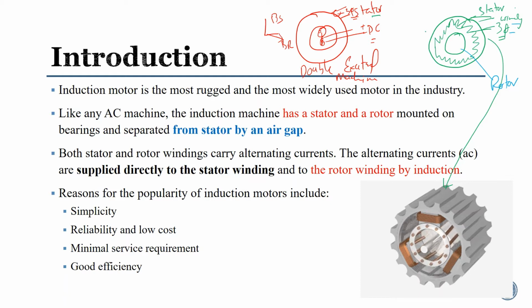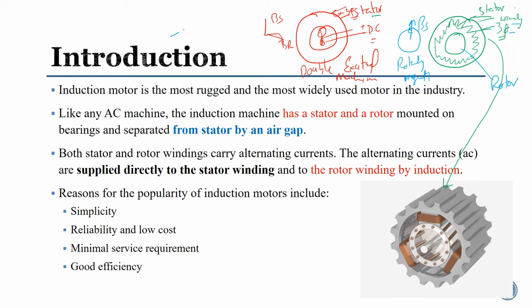So what will happen when we supply the three phase power supply to the stator? We will get the stator magnetic field, which is rotating in the counterclockwise direction. It's a rotating magnetic field. We know it's a very basic principle.